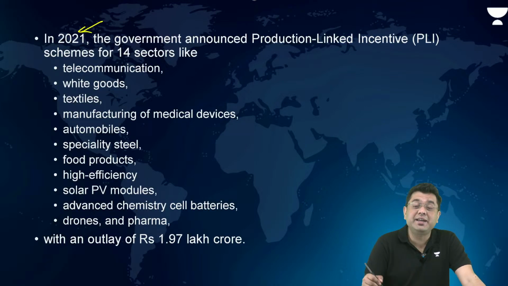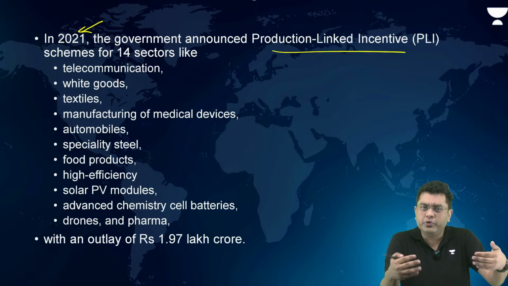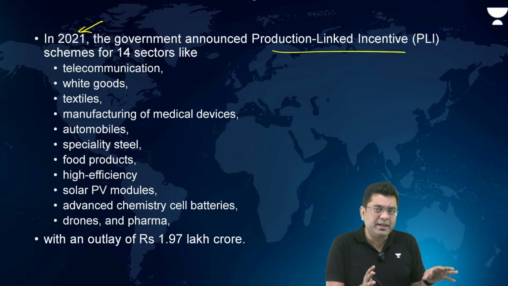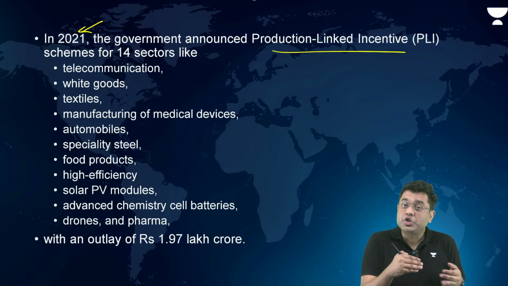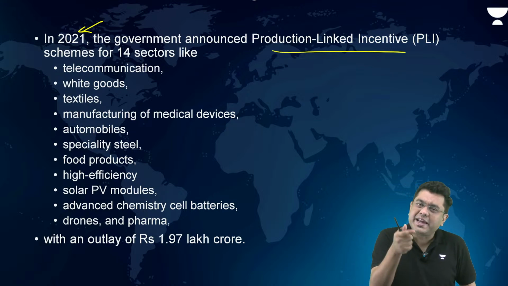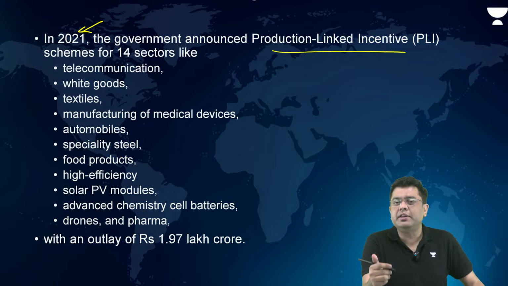What is the production linked incentive? The amount that you produce, based upon that, you get the incentive. So that is something which is catered to substantially and exponentially increasing the production.